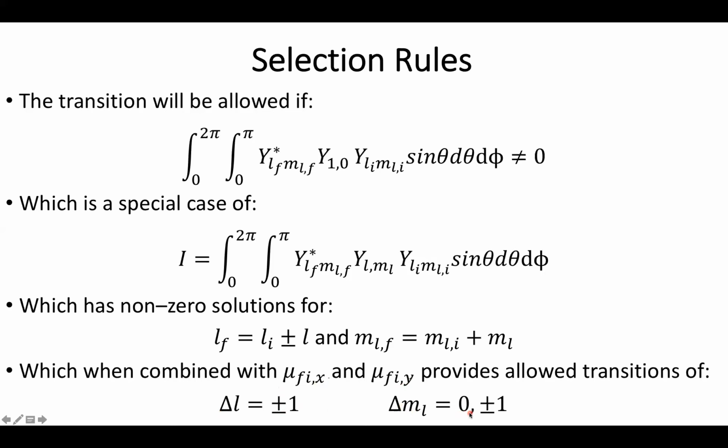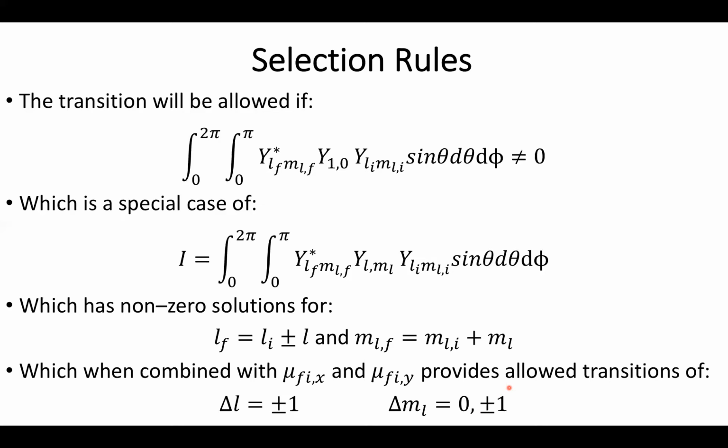It can stay the same. That's what happens if the transition's in the z direction, or if it's in the x and y direction, it can increase or decrease, but only by 1. So now what we've done is defined a small subset of wave functions that we are allowed to excite from and into.